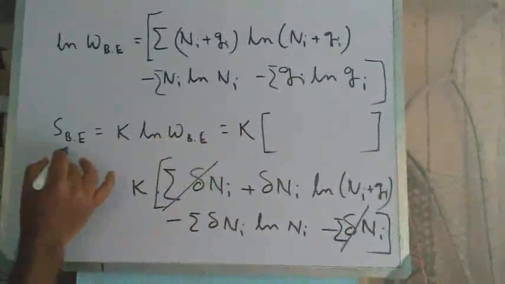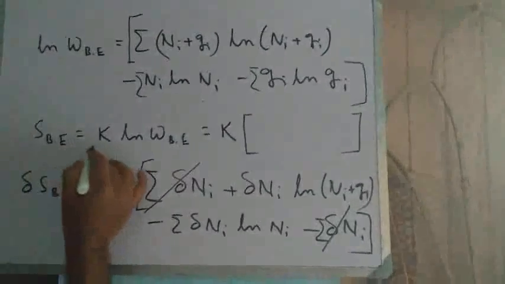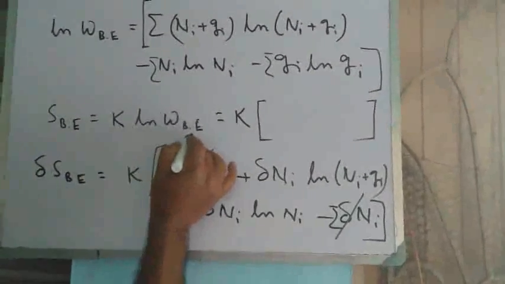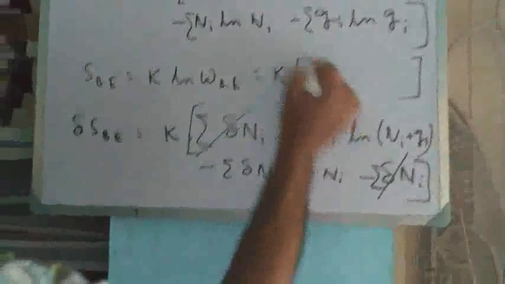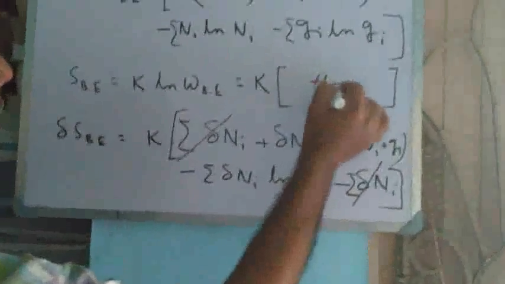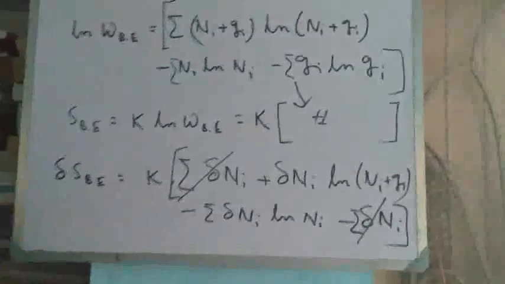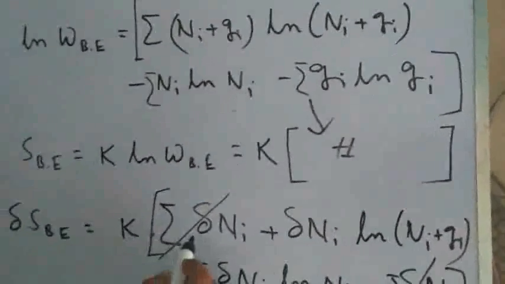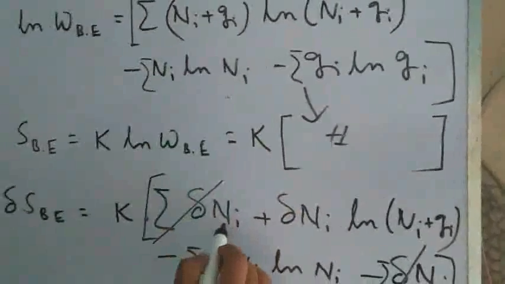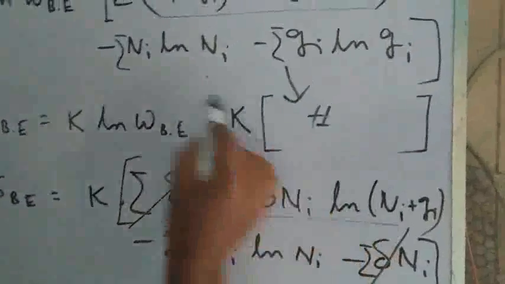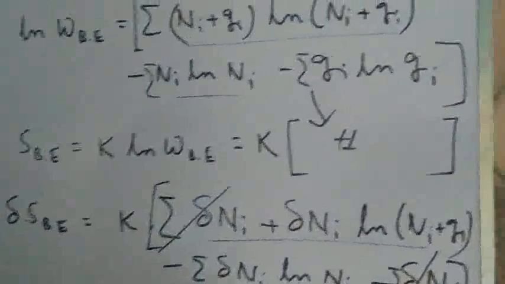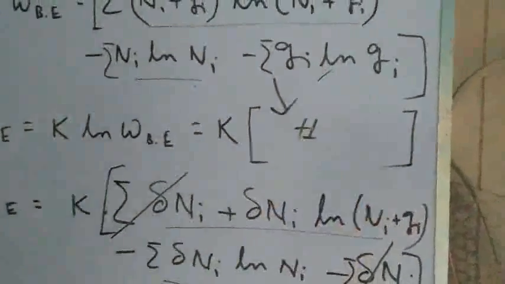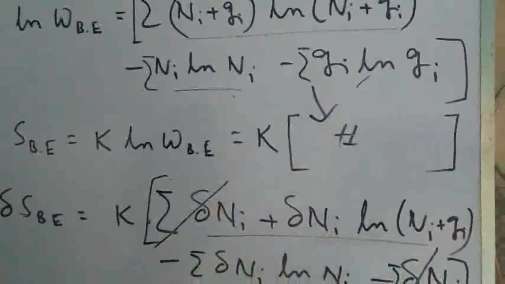The entropy in Bose-Einstein statistics equals K ln W. The change of entropy equals K times the change of this, which gives two terms, and the derivative of the other part equals 0, so two terms cancel out.